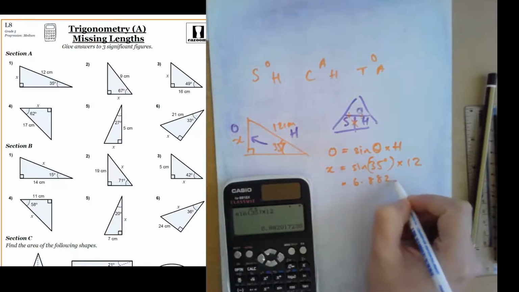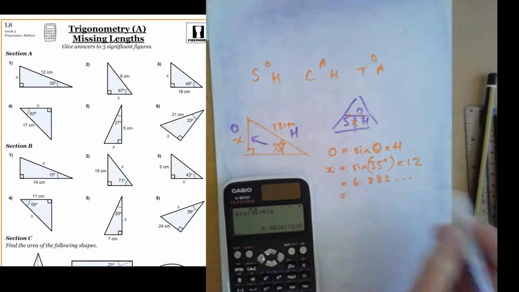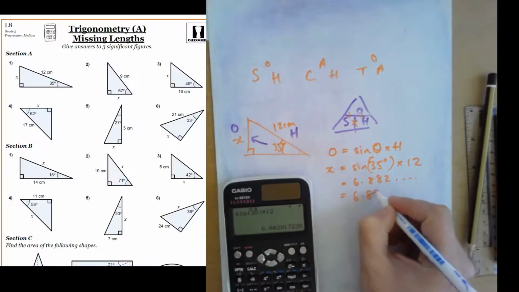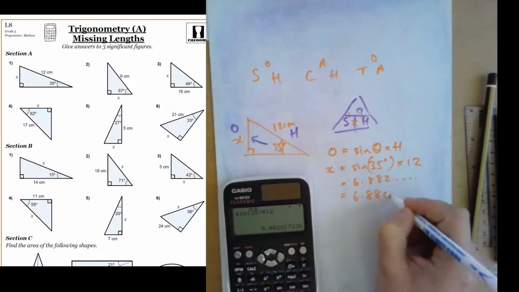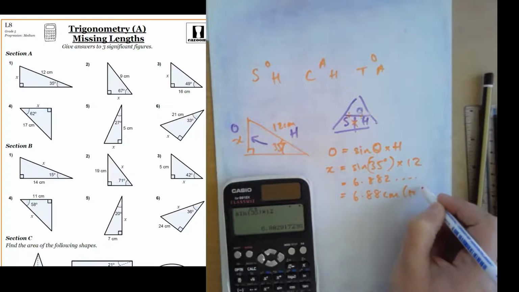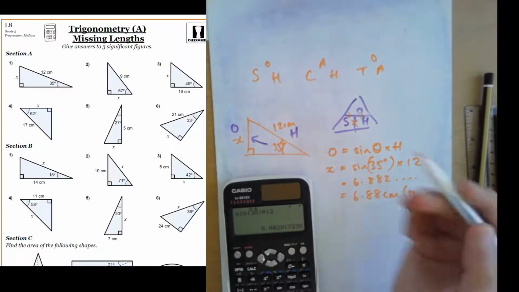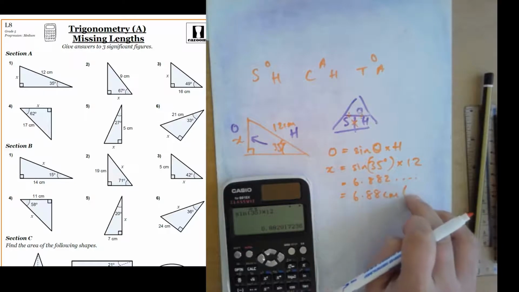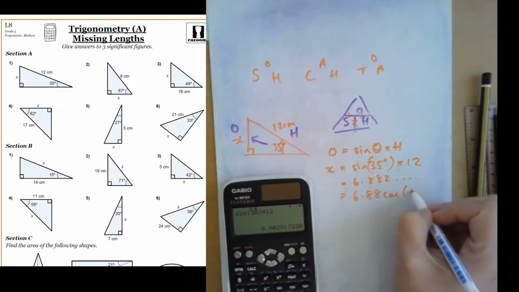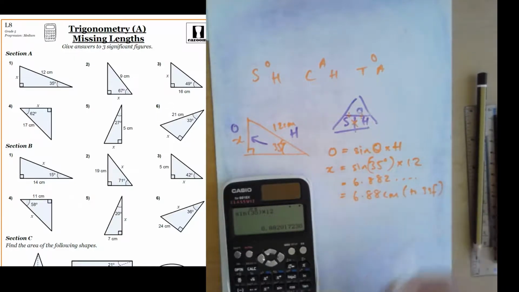So you got 6.8222 dot, and then I'm going to do it to 2 decimal places, so 6.82, this is centimeters. Oh, wait, sorry, it does ask for 3 significant figures. Oh, okay, yay, it fits. To 3 significant figures, okay?